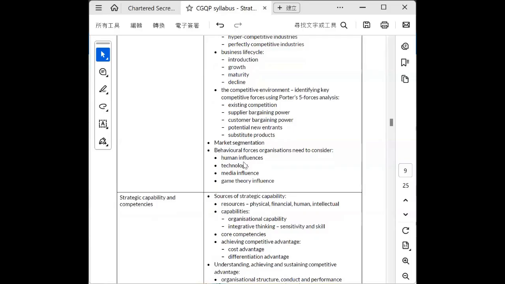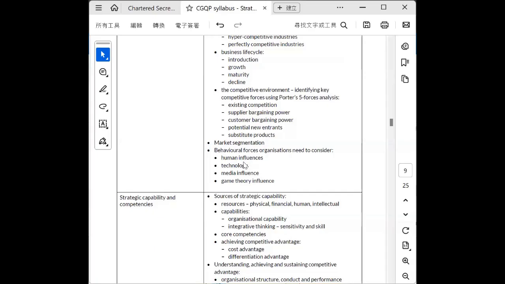Behavioral forces that organizations must consider include human influences, technology, media influences, and game theory influences. Human influences refers to emotions, social norms, or herd behavior. Technology refers to the drivers of innovation, disrupting industries, and changes in customers' expectations.